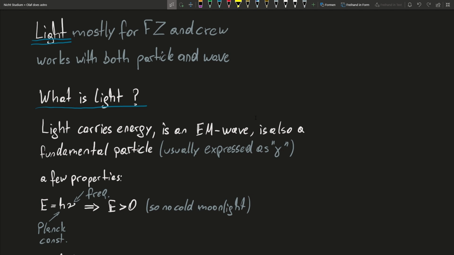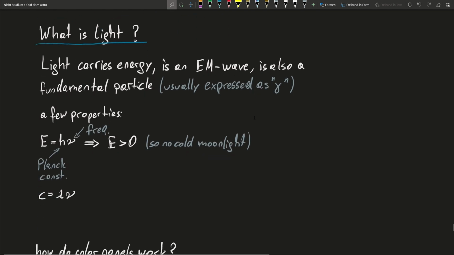So light, what is light really? For these purposes, you only need to know kind of two things. Light carries energy, and it's an electromagnetic wave. It's also a fundamental particle, but that's not important right now. The one property you really need to understand for these purposes is that the energy of a photon is h, which is Planck's constant, times the frequency.